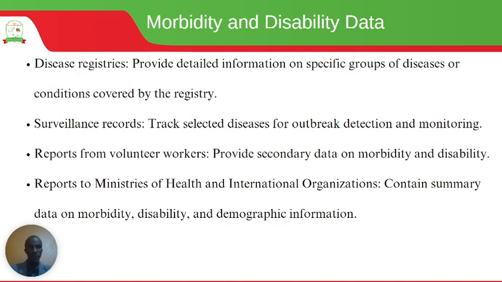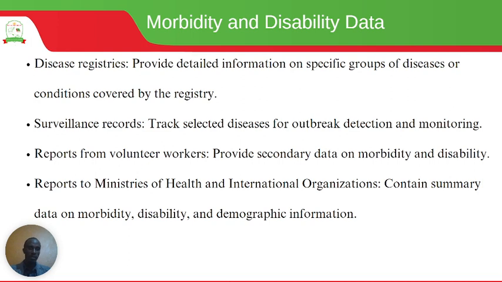Then the other source of morbidity and disability data could be disease registers, which provide detailed information on specific groups of diseases and or conditions covered by that registry. Surveillance records, which track selected diseases for outbreak detection and monitoring, could also be another source of morbidity and disability data.